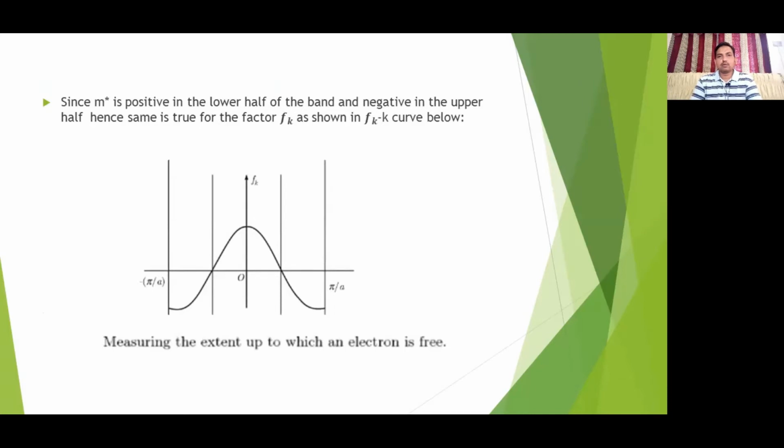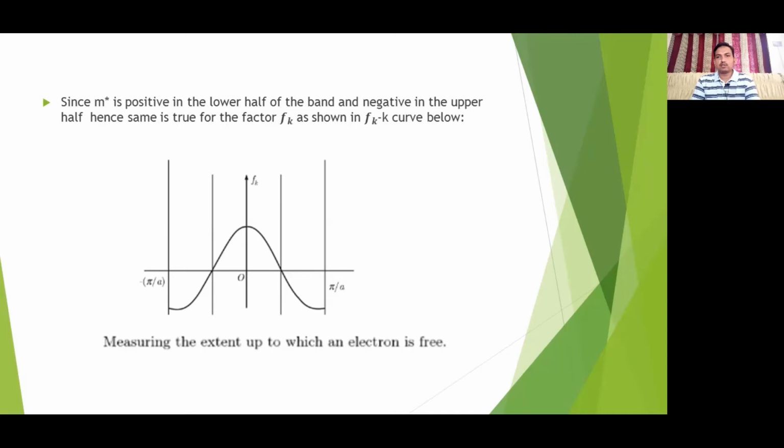If you are relating f_k with m* or effective mass, the variation which we saw in the value of m*, the effective mass, should also appear in this factor f_k. So if you draw f_k and the dispersion curve with k, which is shown in this slide, you see that the effective mass is positive for the lower half of the band and negative for the upper half of the band.